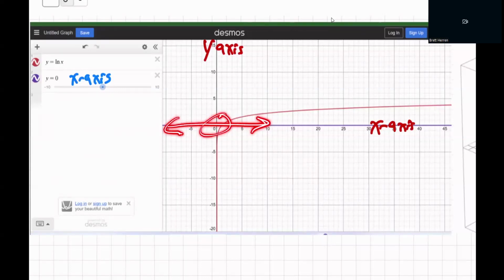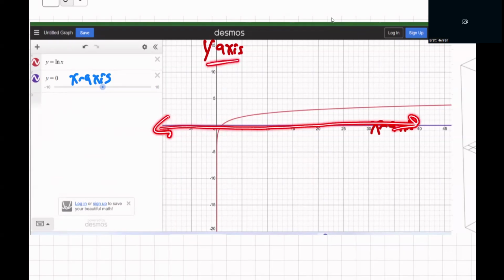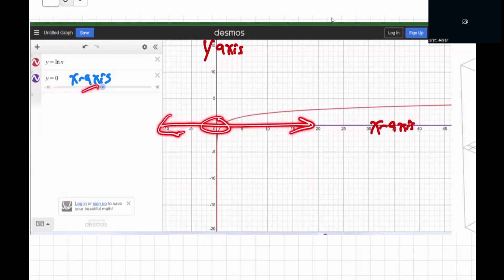It's specifically the straight line that goes right through the y-axis at a height of 0. All the points on this line have y coordinates equal to 0. That'll give you the x-axis.